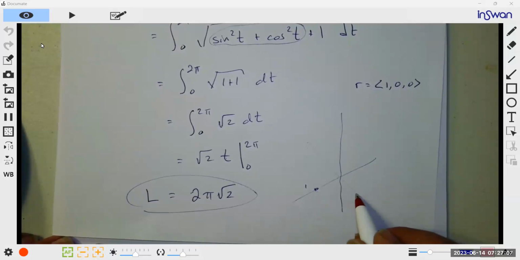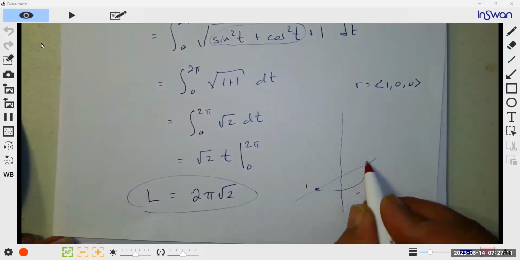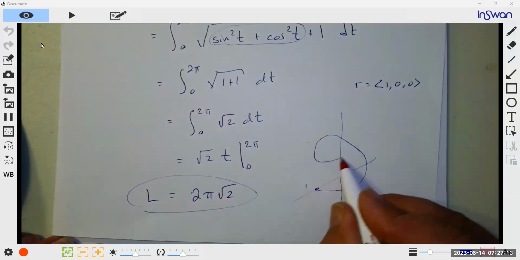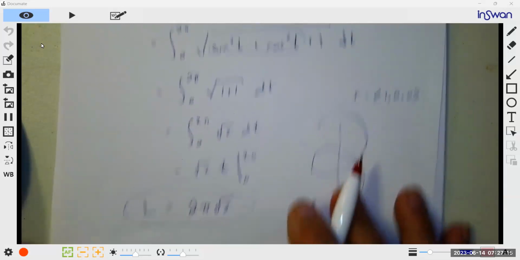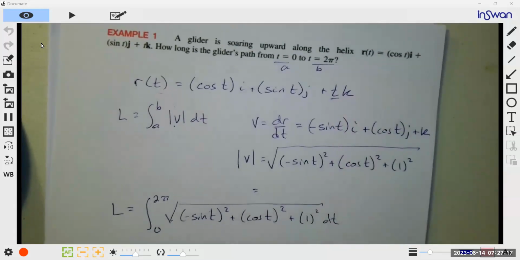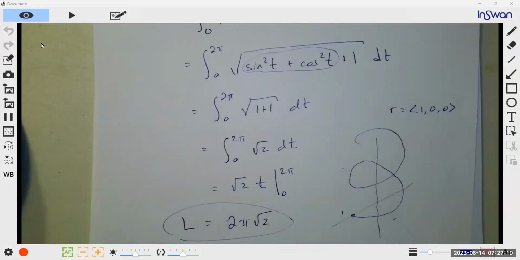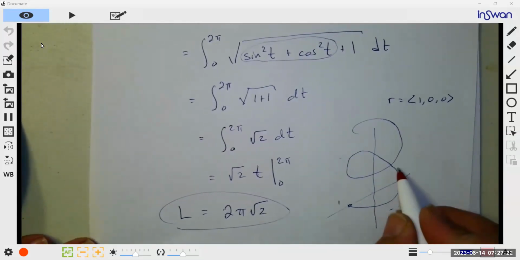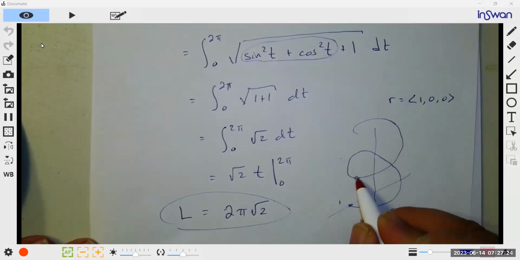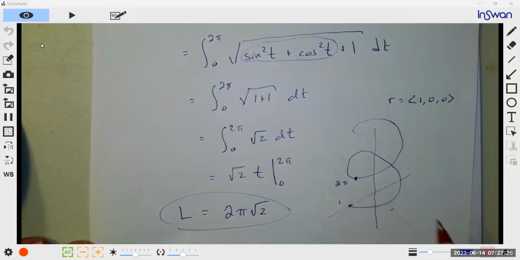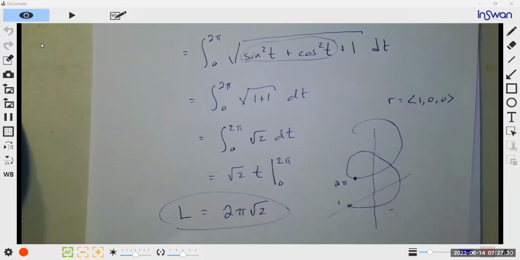As we rotate, it's going circular, but it's also going up because of this component. So as we go all the way around to where we begin, this is 2 pi. We just measured that arc length.